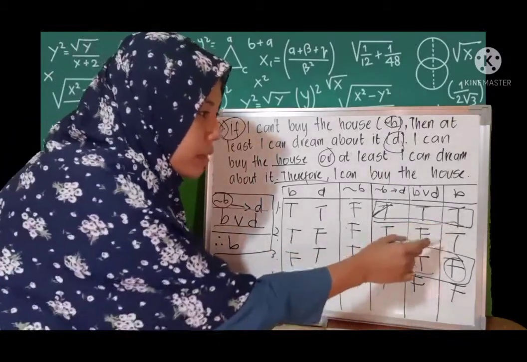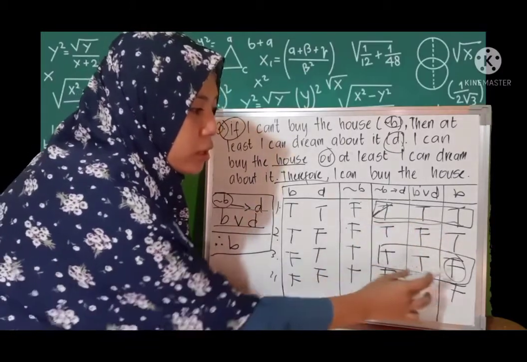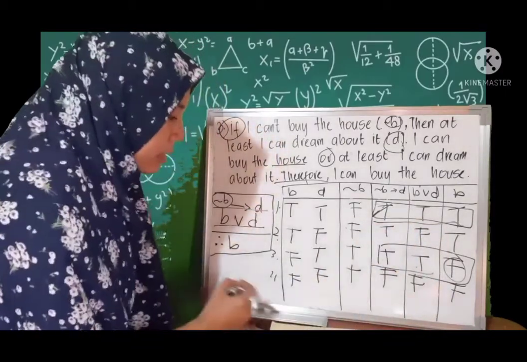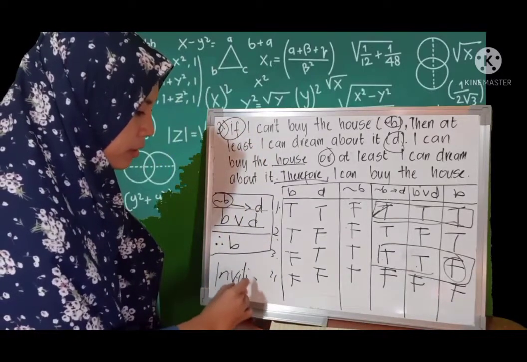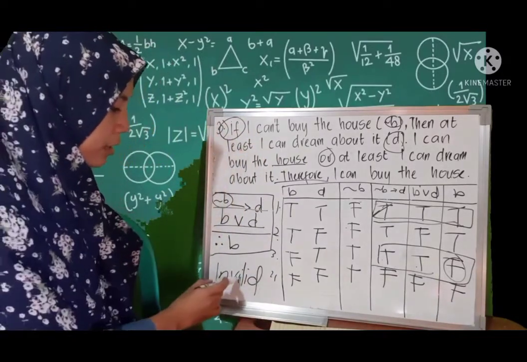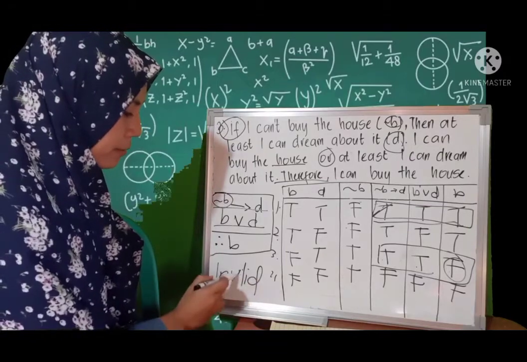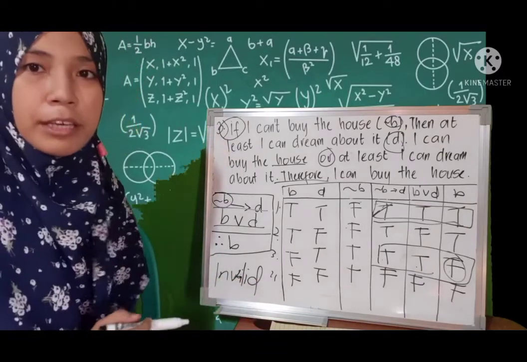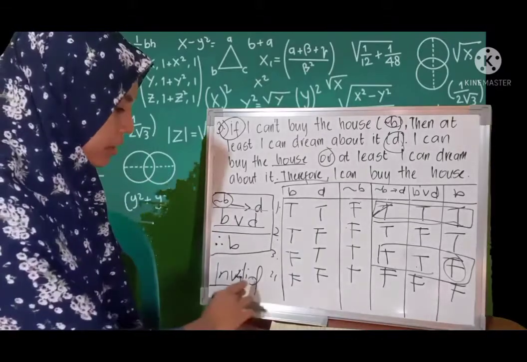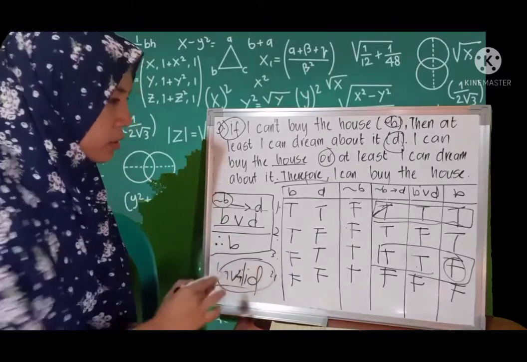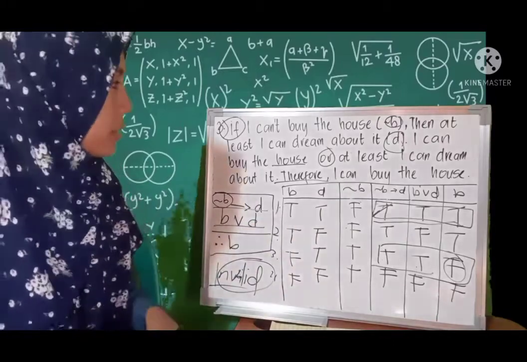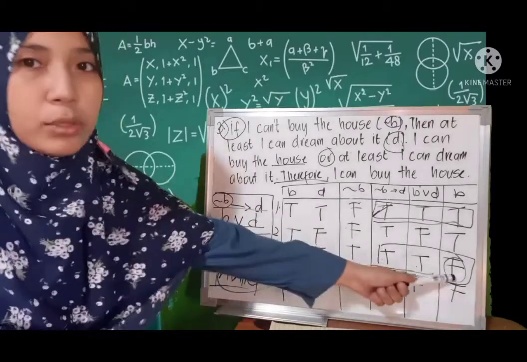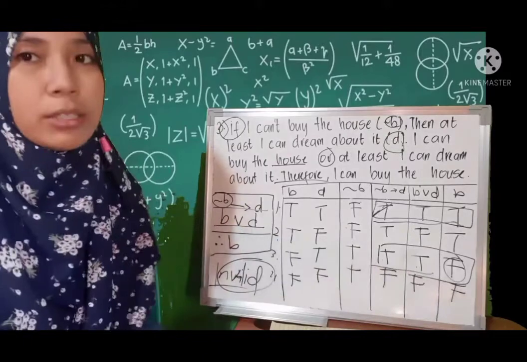So, kahit true to, pero may false to, magiging invalid yung kalalabasan niya. So, ang sagot dito ay invalid. Imbis na valid. Dahil dito sa false na to.